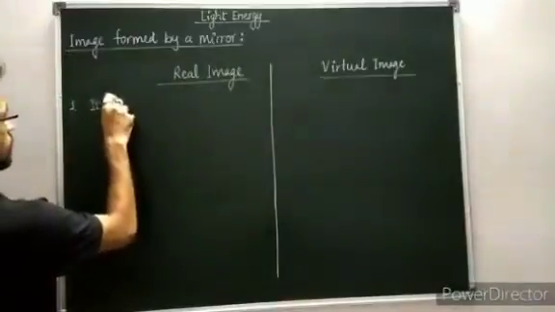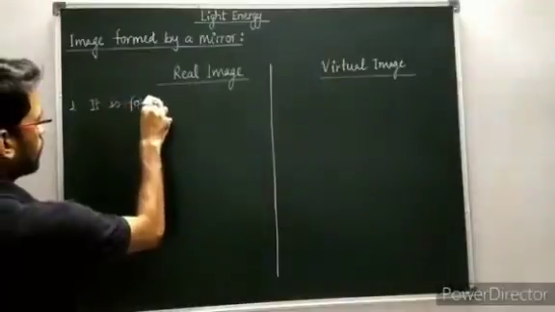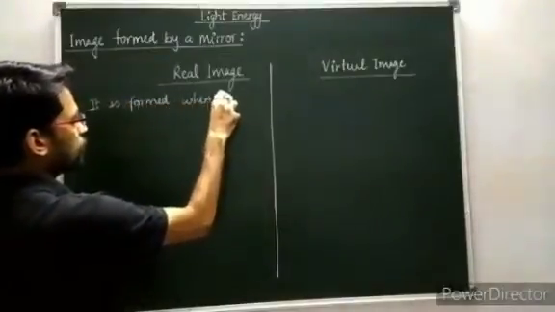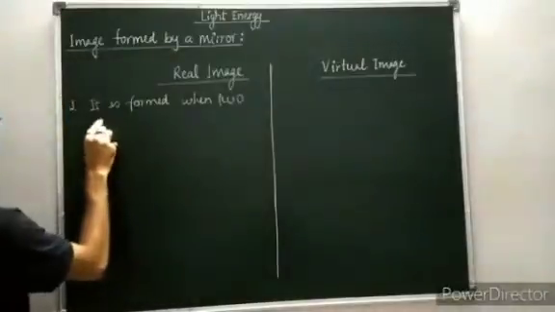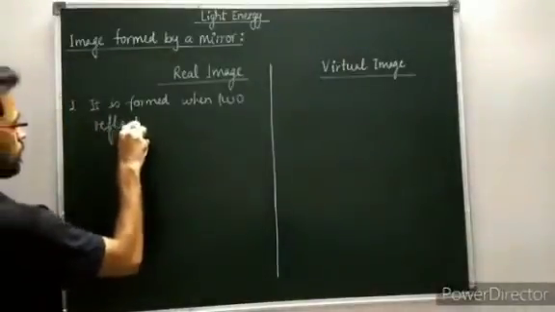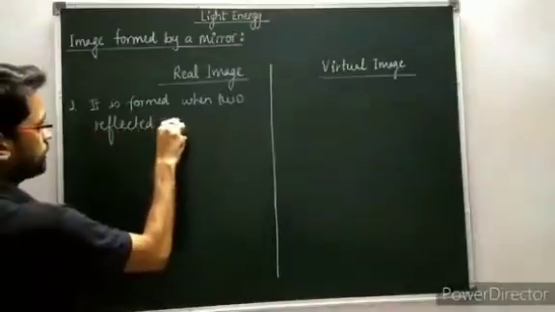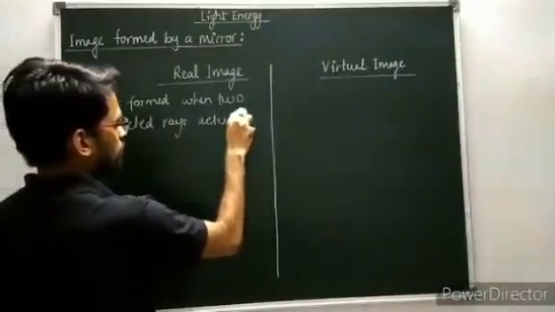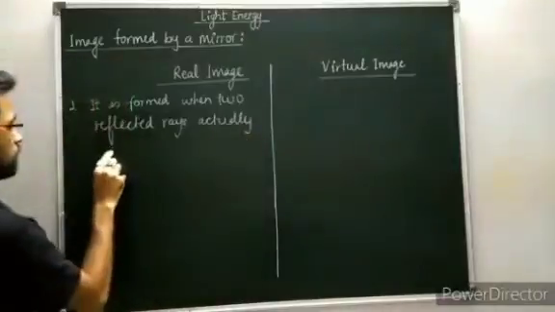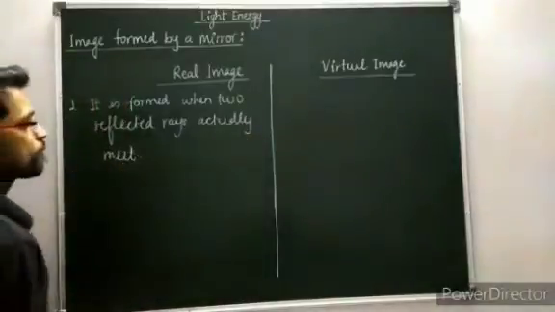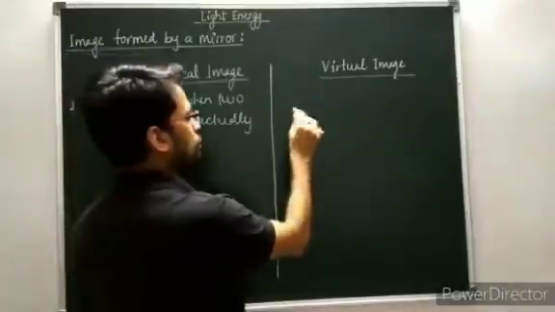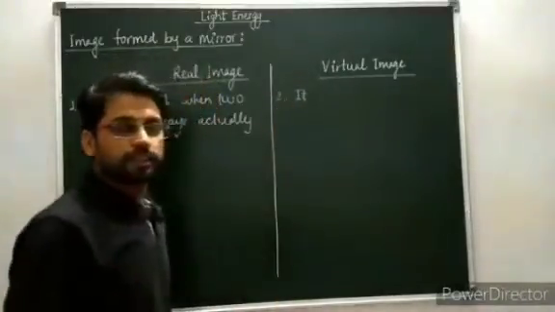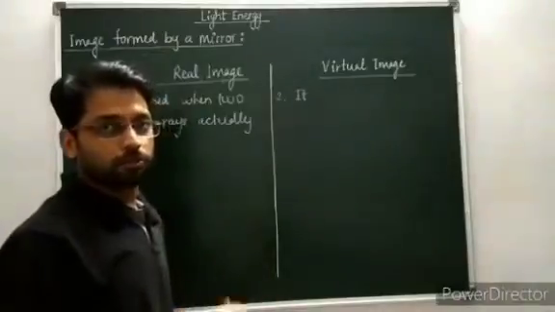Write down, it is formed when two reflected rays actually meet. Okay, and virtual image is formed when two reflected rays appear to meet.